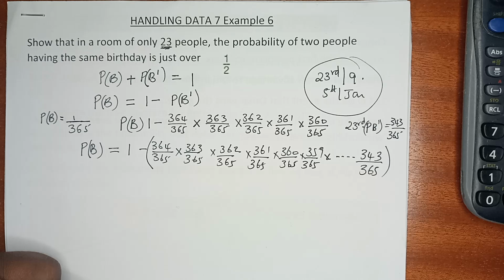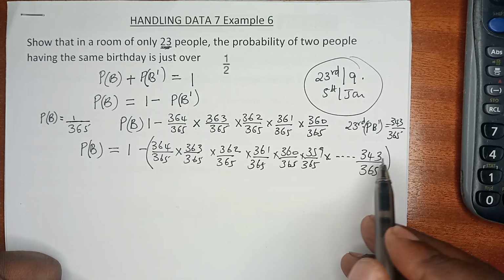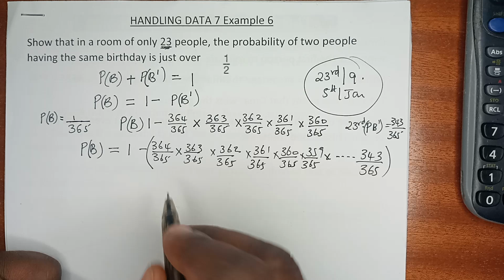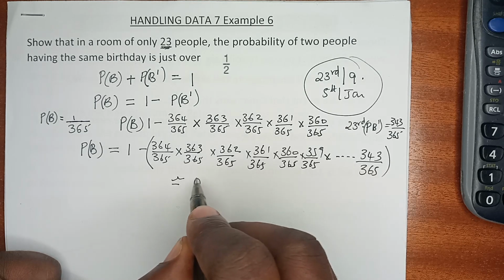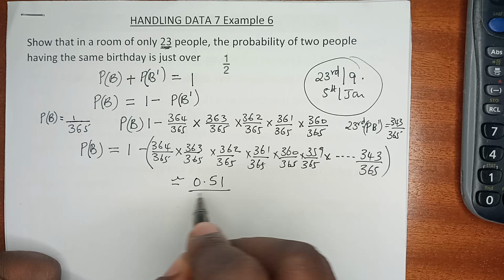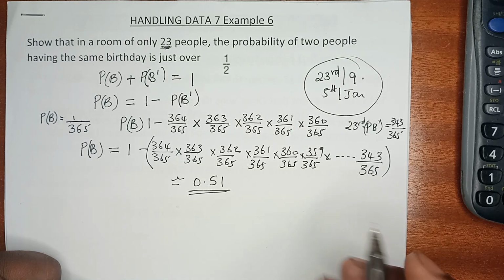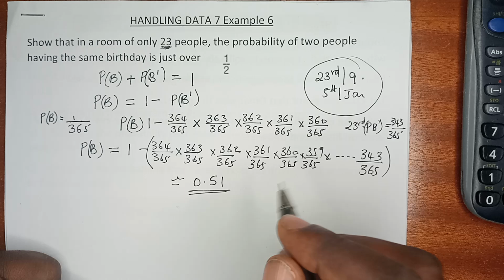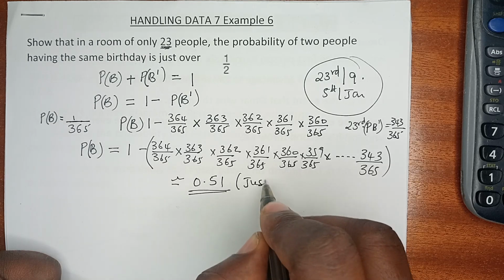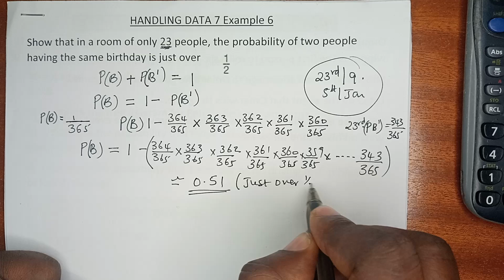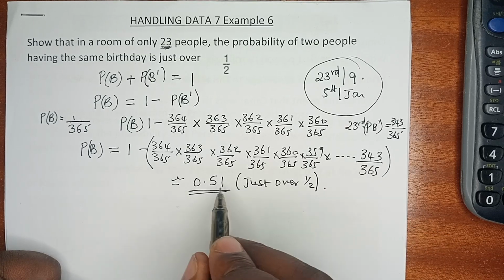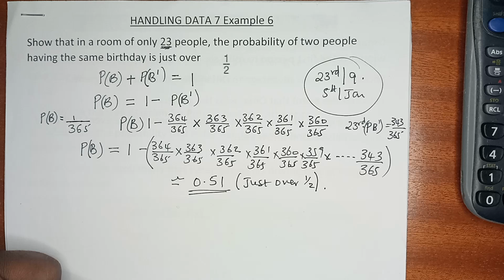In a nutshell, if you take time to calculate, it will be 1 minus all this, which is basically around 0.51. And I want somebody to just try that and find out whether this is true. This is just over a half, because 0.51 is simply over a half, because a half is 0.5. And that is true.